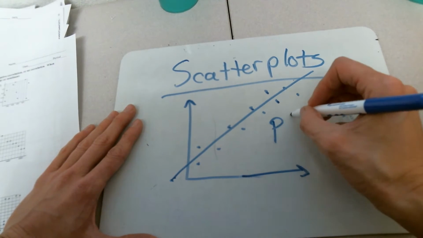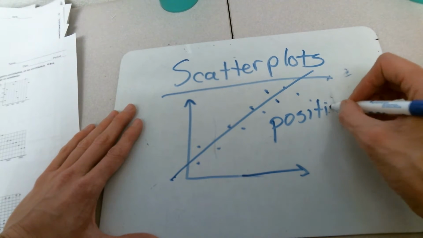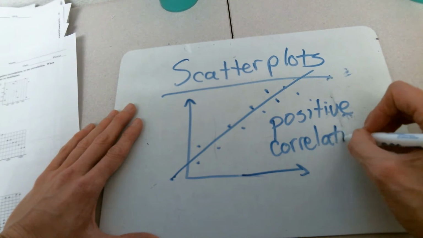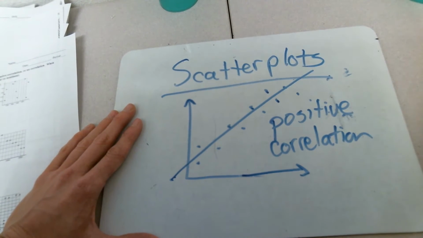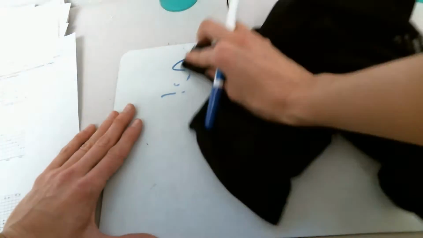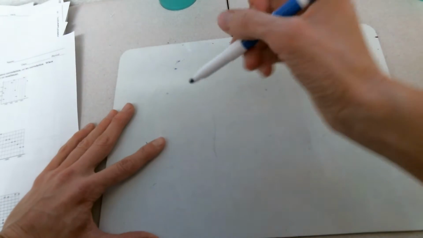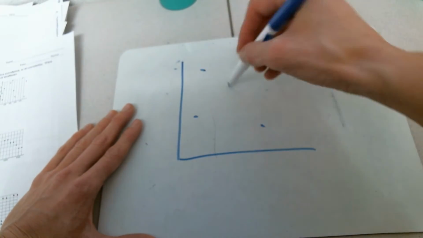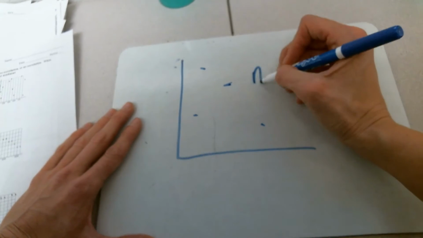So we call this one a positive correlation. Sometimes we also have no correlation. So if my points are all over the place, then I would just say no correlation.